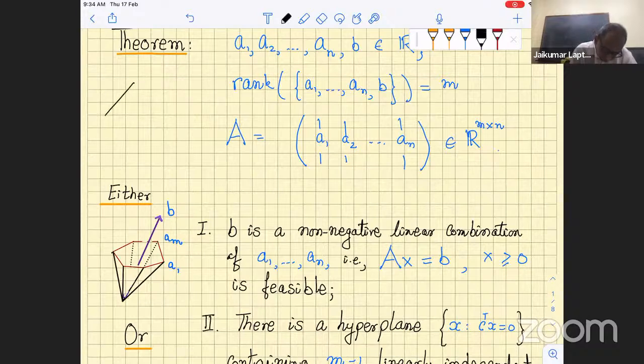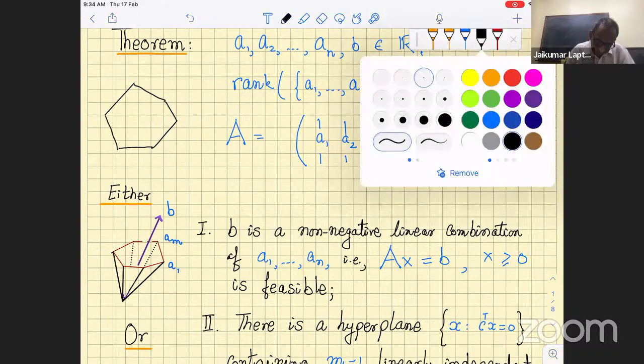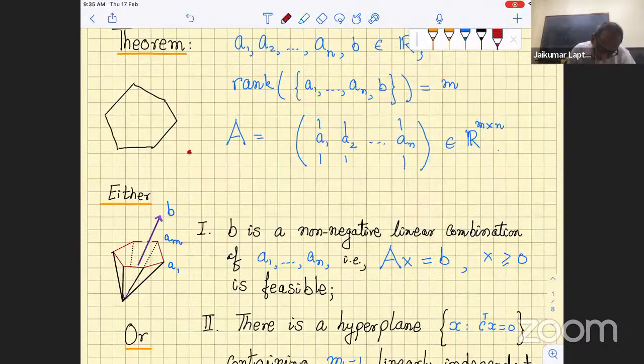So for example, when you draw a polygon, let me draw it. And you have a point outside. Or maybe some other point. What is the connection with the cone?